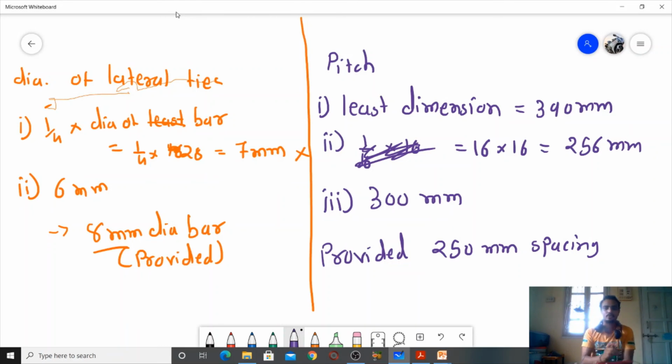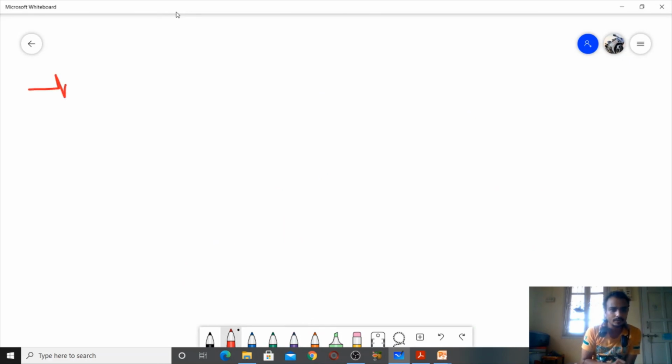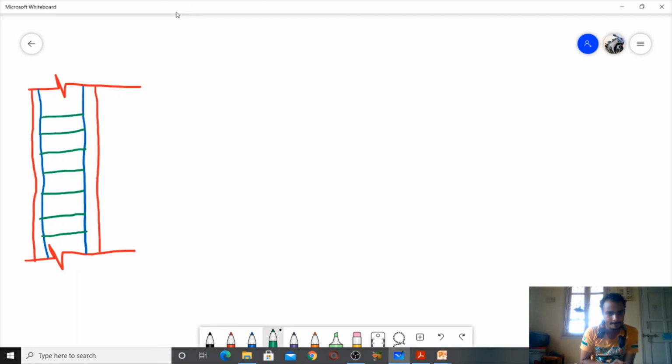Okay, so our whole design is completed. Now we can draw a sketch. First, it is the elevation.